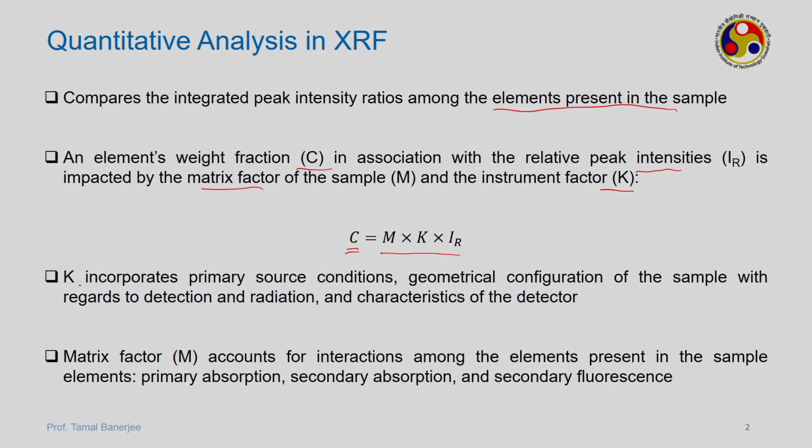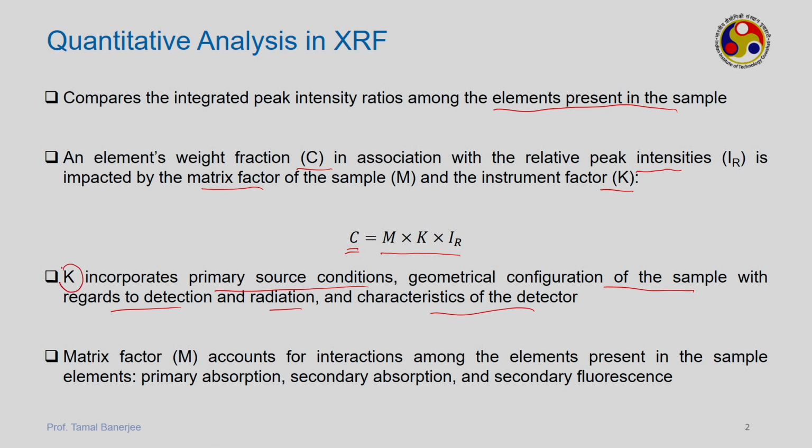First, let us see. K is a factor which incorporates the primary source conditions, the primary electron beam, the geometric configuration of the sample with regard to detection and radiation, and the characteristics of the detector. So, it primarily impacts the instrument, the X-ray fluorescence spectrophotometer. It takes into account all the instrument factors, which is K.